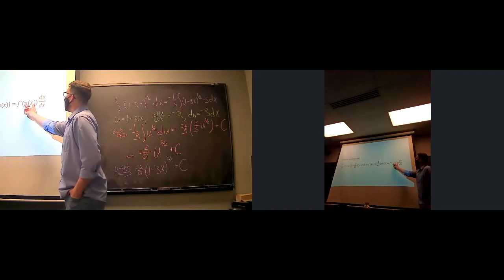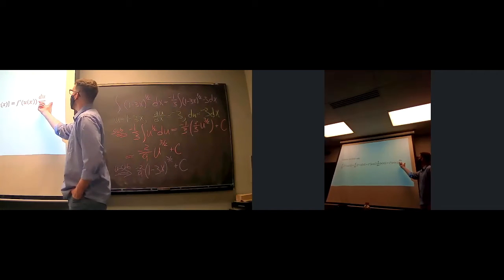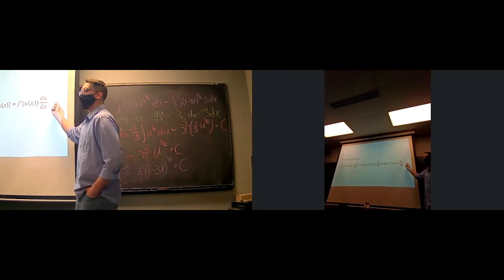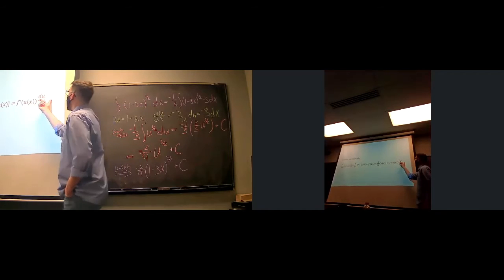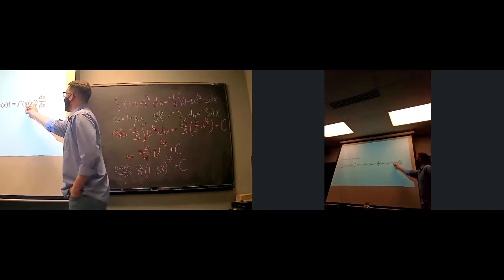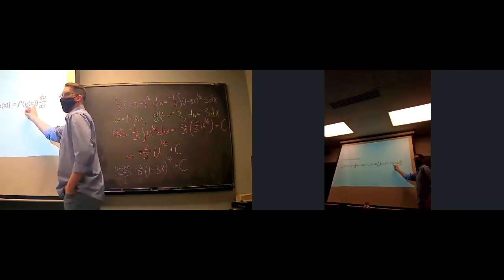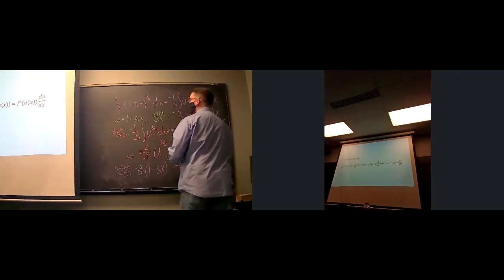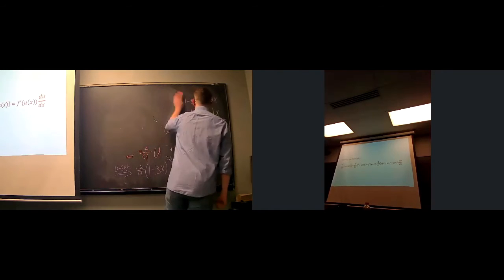U sub just says, hey, this interior piece, you can think of it as a constant compared to du dx times the differential dx. It's a constant in the sense that this will reduce to du, and that will become your interior constant. That's really what they're trying to say. Because what the chain rule does, well, let's step back even further. What the derivative does is it compares the rate of change of your function against a variable, right?